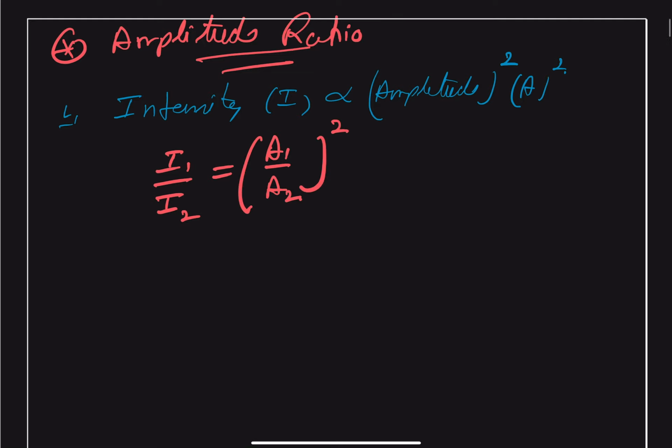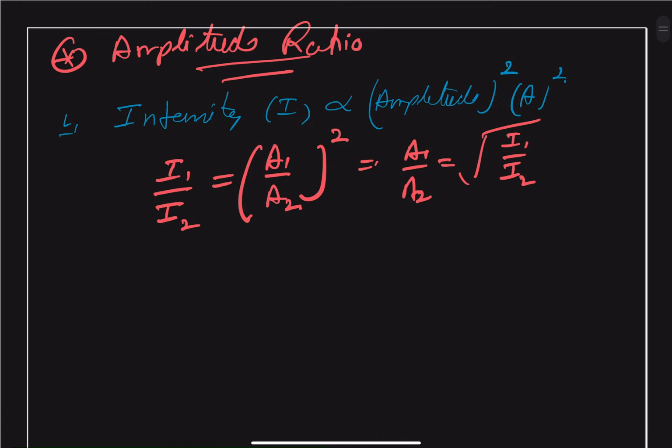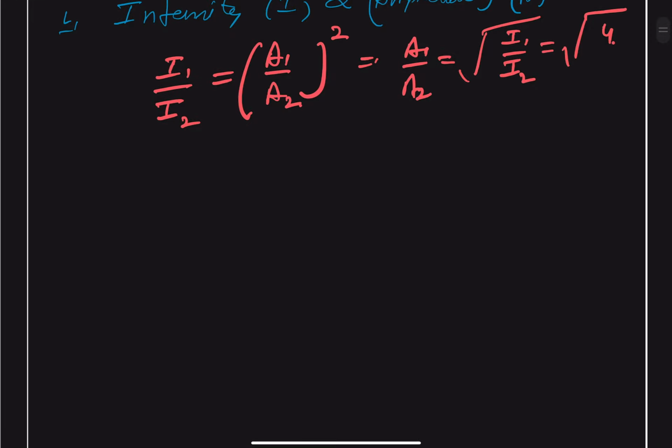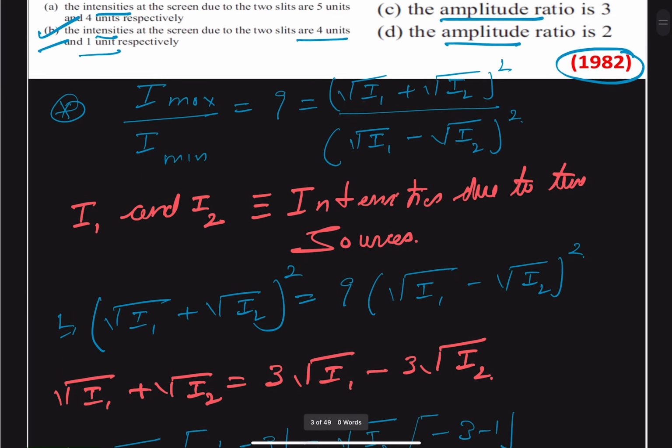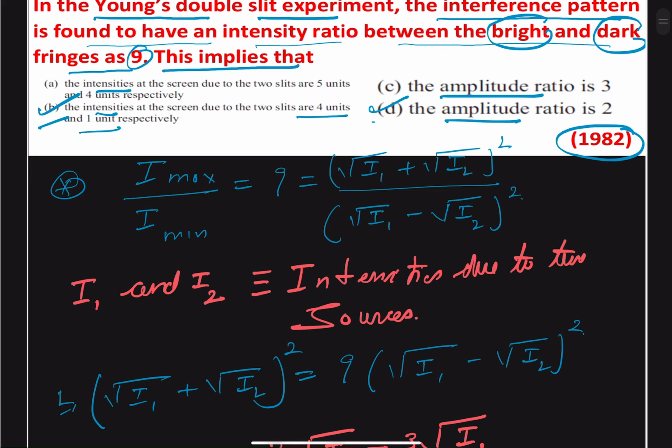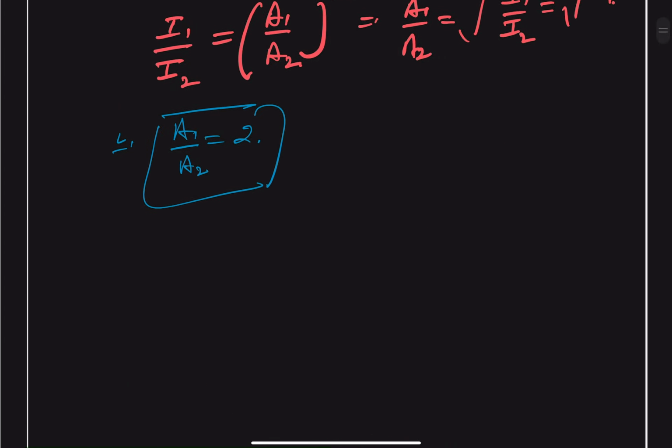From here we can say that A1 upon A2 will be equal to square root of I1 upon I2, and the ratio of I1 upon I2 is 4. So this comes as square root of 4. Therefore the ratio of their amplitude is equal to 2. So option D is the correct one. You can see option D is correct.